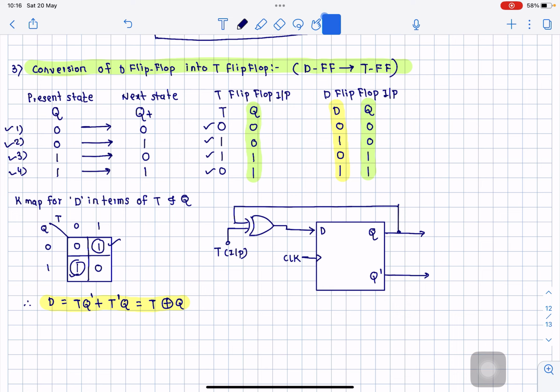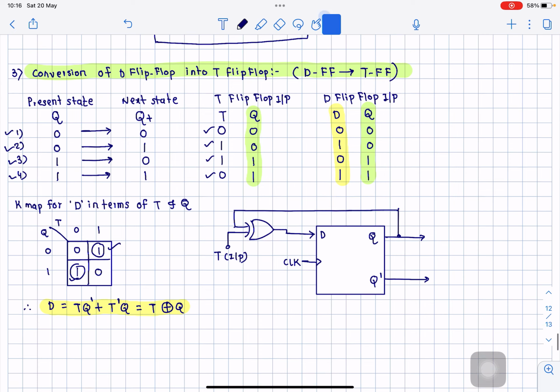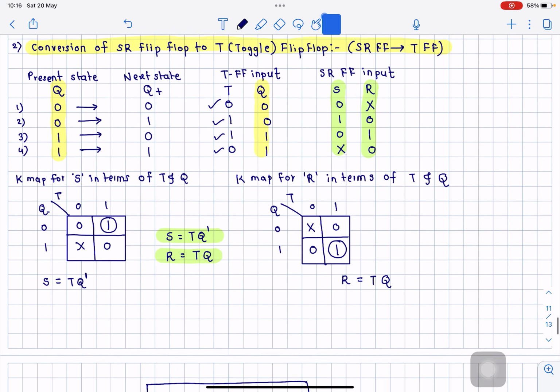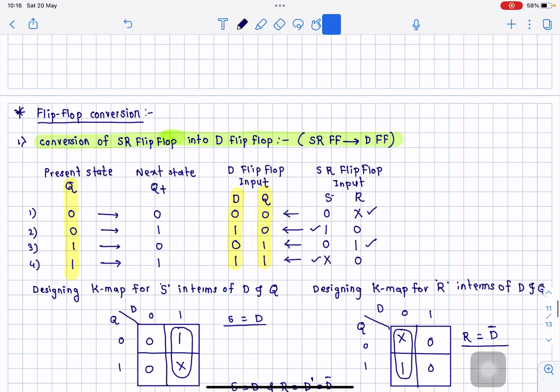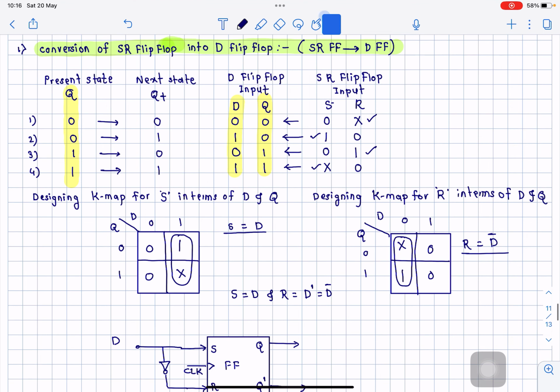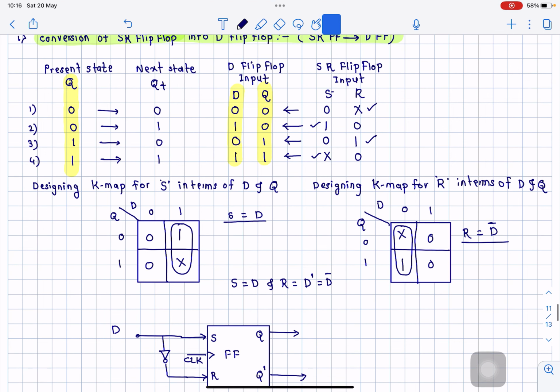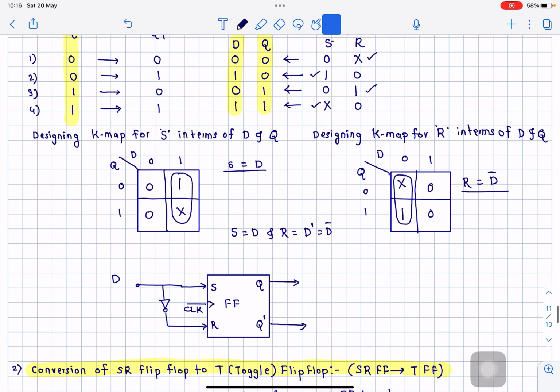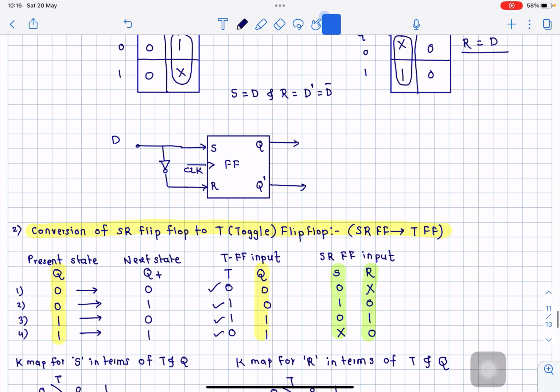So the conversion of a flip-flop from one form to another is very easy to understand. In this particular session, we saw three typical conversions of a flip-flop given in one format and converted into another format. First, we saw the conversion of SR flip-flop into D flip-flop: writing the truth table, then writing the K-map, designing equations for given inputs in terms of expected outputs, and then drawing the flip-flop in the given format.